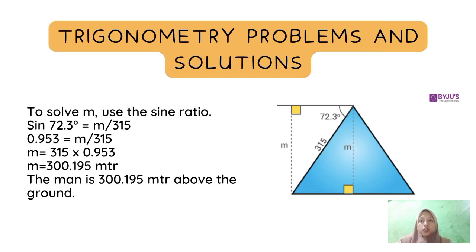Sin 72.3 degrees equals m divided by 315. 0.953 is equal to m divided by 315. So m equals 315 times 0.953, and then m is equal to 300.195 m.